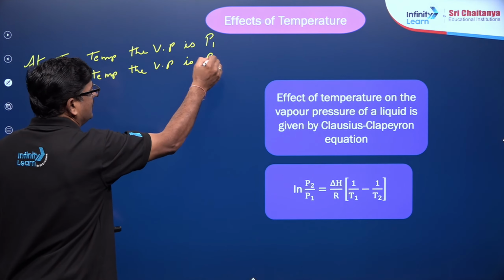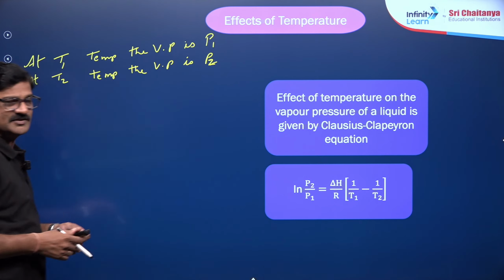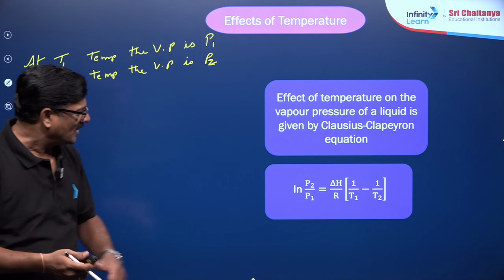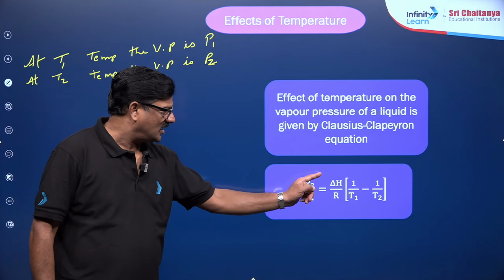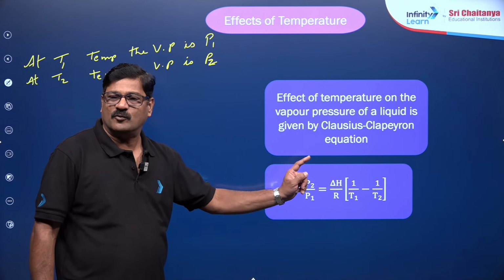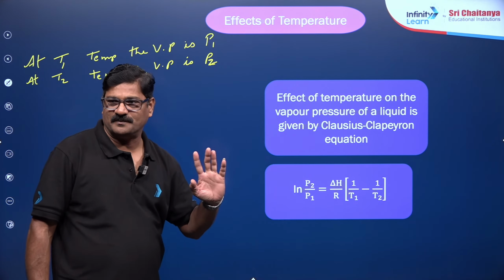So, how are P1 and P2 related? It is given from the Arrhenius equation: ln P2 upon P1 is equal to delta H by R of 1 by T1 minus 1 by T2.